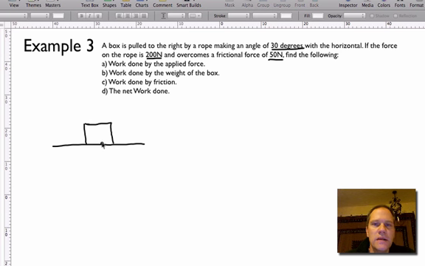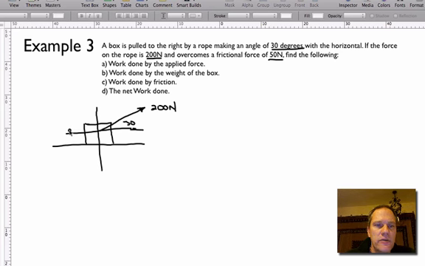So I have my box again. This 200 newton force is going at 30 degrees above the horizontal. So if I lightly draw my axis on here, I've got this 200 newtons going this way, and my angle of 30 degrees above the horizontal.